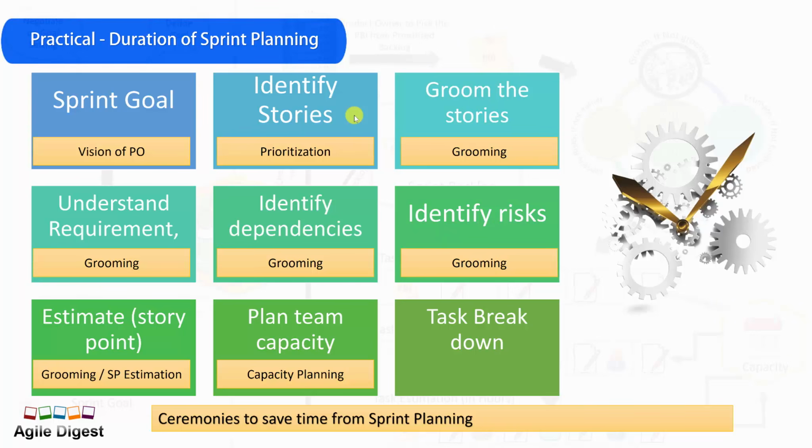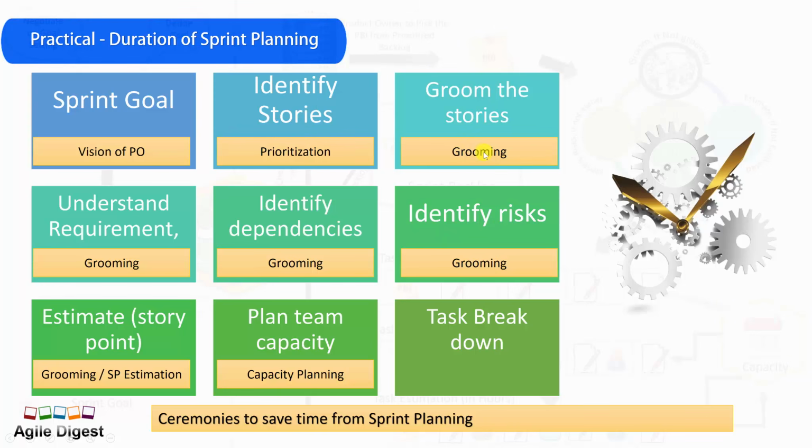So what are the prerequisites we have? What are the different activities we can do before sprint planning to have the prerequisites ready? If a product owner has a vision ready, it will be very easy to make the sprint goal ready. If our product backlog is prioritized, then it will be very easy to identify stories.